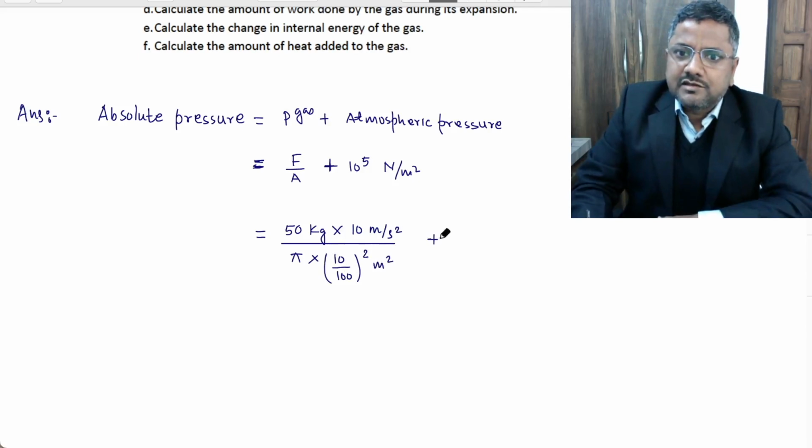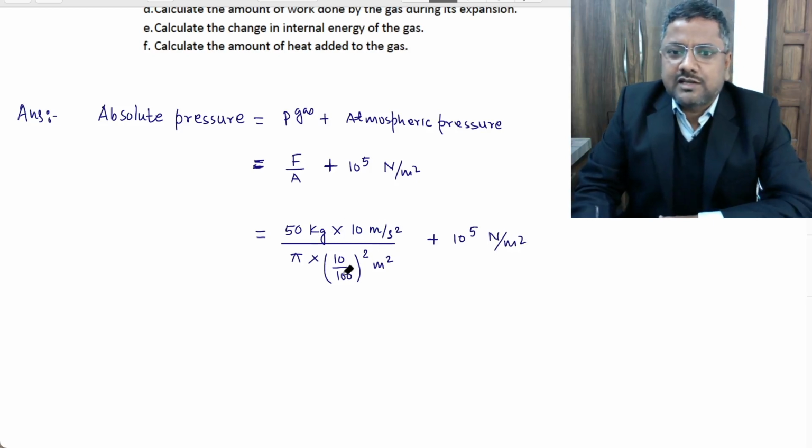Plus 10 to the power 5 Newton per meter square. So this kilogram meter per second square is equal to Newton.